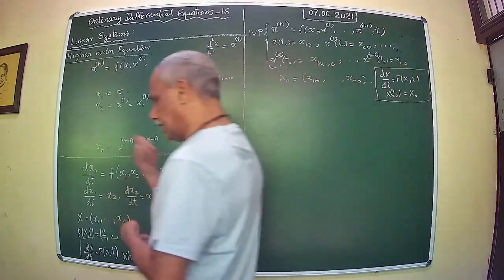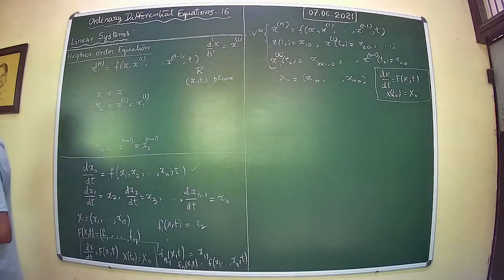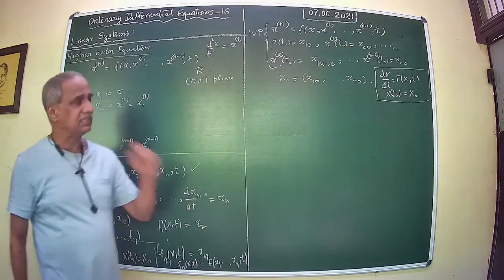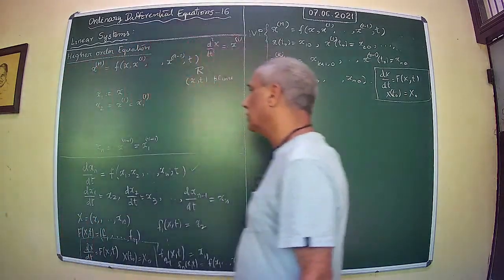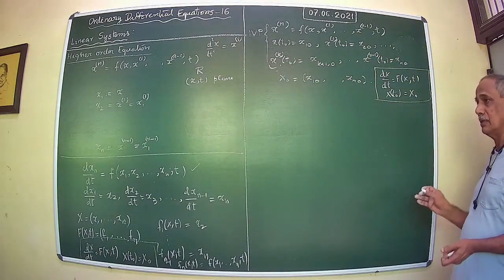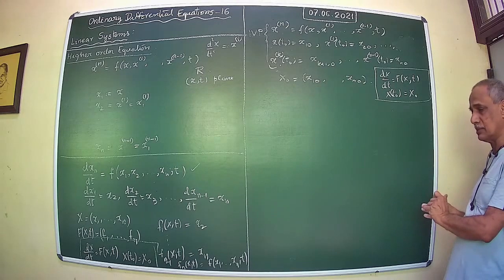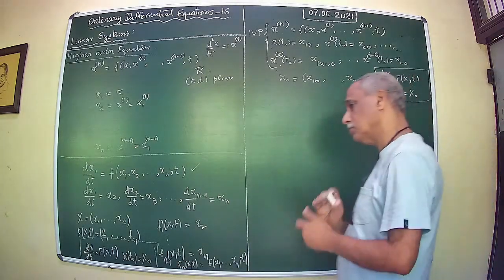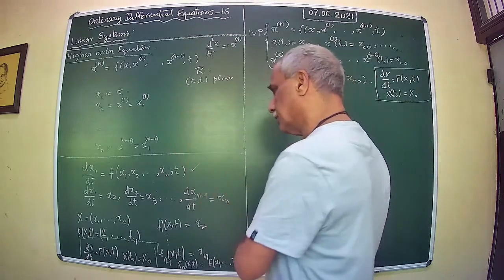So every nth order equation, or even nth order systems, can be transformed into first order systems, and from the solutions of the first order systems you can immediately write down the solution of the higher order system, and vice versa.